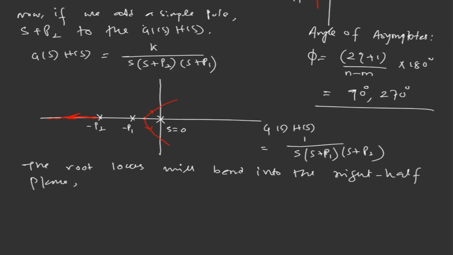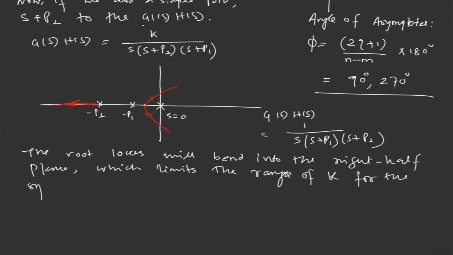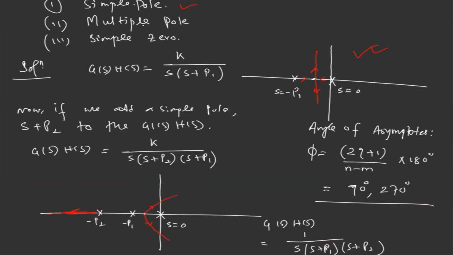So it means this limits the range of K for the system to be stable. But in the previous case, if you notice here, for any values of K, the locus is always on the left-hand side.